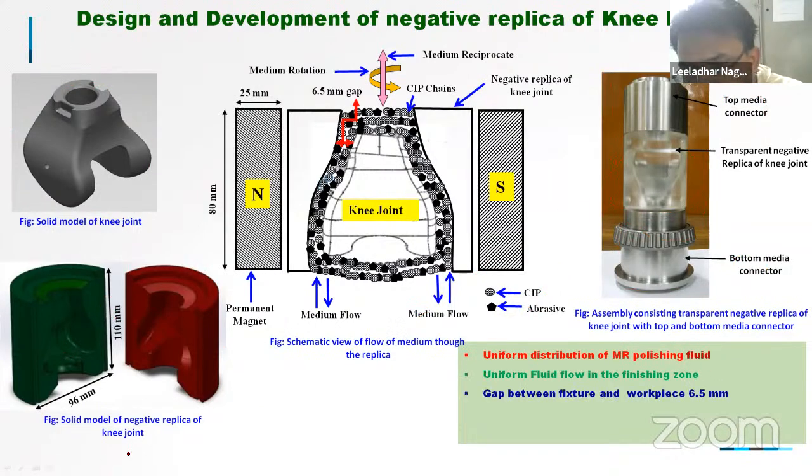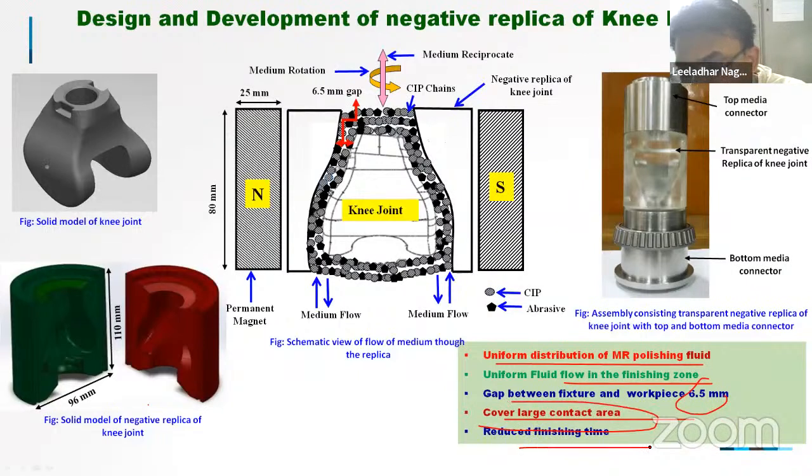This fixture would be applicable for uniform distribution of MR polishing fluid and uniform fluid flow, and the gap between fixture and workpiece we have maintained at 6.5 mm. It will cover a large contact area and reduce the finishing time.